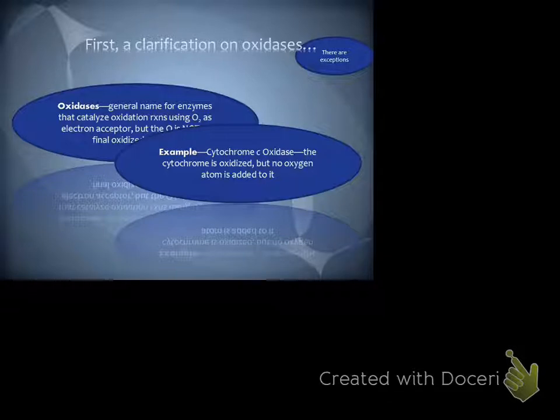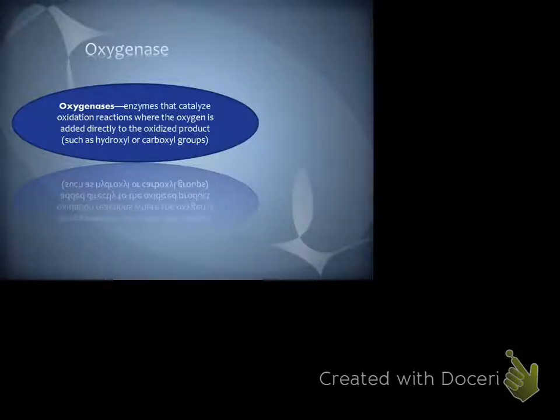But people usually will understand what you're talking about. Oxidases, you have oxygen, but the oxygen is not incorporated in. Whereas an oxygenase is an enzyme that uses the oxygen, but the oxygen is directly added to the product, or at least one of the products. So this is where you can make some type of ketone, a carboxyl acyl group, an alcohol. And this uses O2.